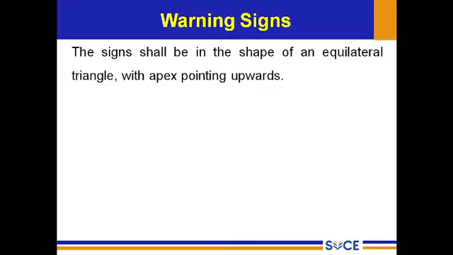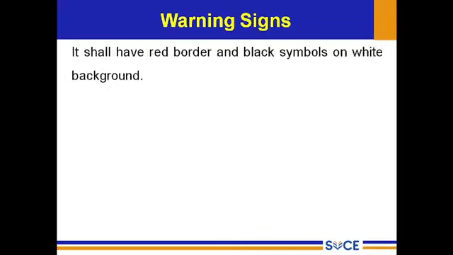Otherwise all warning signboards have the apex in the upward direction. It shall have a red border and black symbols on a white background. The border has a certain thickness of red color to bring the attention of road users. The symbol or letters are used on the white background.